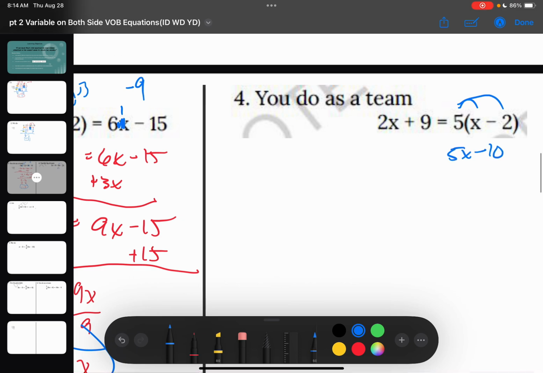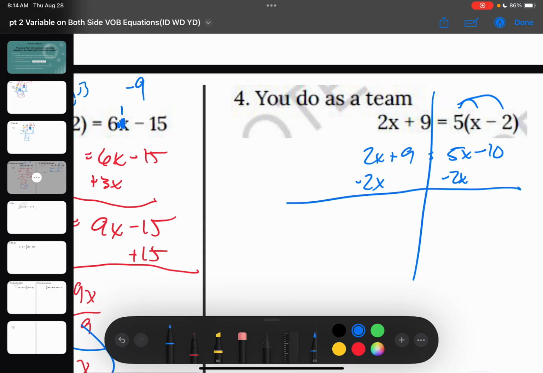5x minus 10. 2x plus 9. Again, I can either subtract 2 or subtract 5. I'm going to subtract 2 to keep that right side positive. 3x minus 10, 9, add 10, add 10. That's 19 equals 3x.